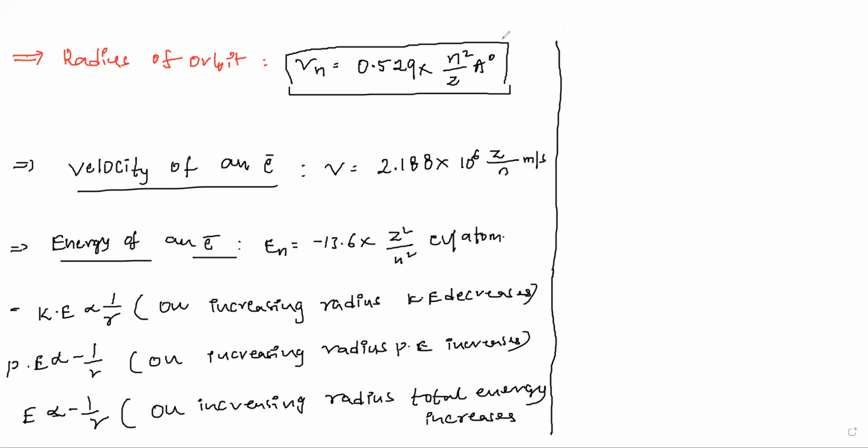And one more, a few important formulas. The conclusion we can say from these energies is that the potential energy equals minus 2 into kinetic energy. Kinetic energy equals minus total energy.